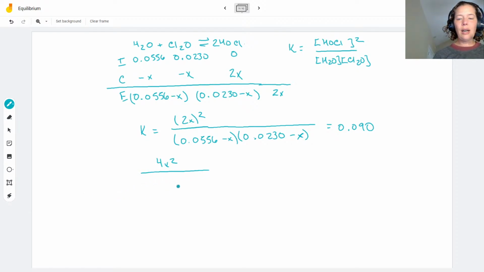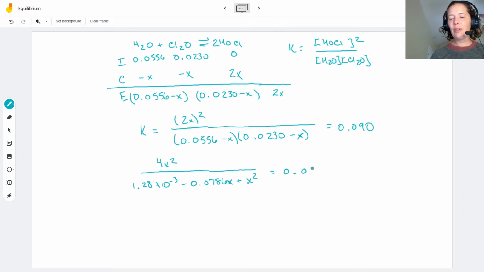And I'm going to distribute, or FOIL, for my denominator. 8 times 10 to the negative third minus 0.0786x plus x squared. Sorry, that is an x. Of course, this still equals 0.090.